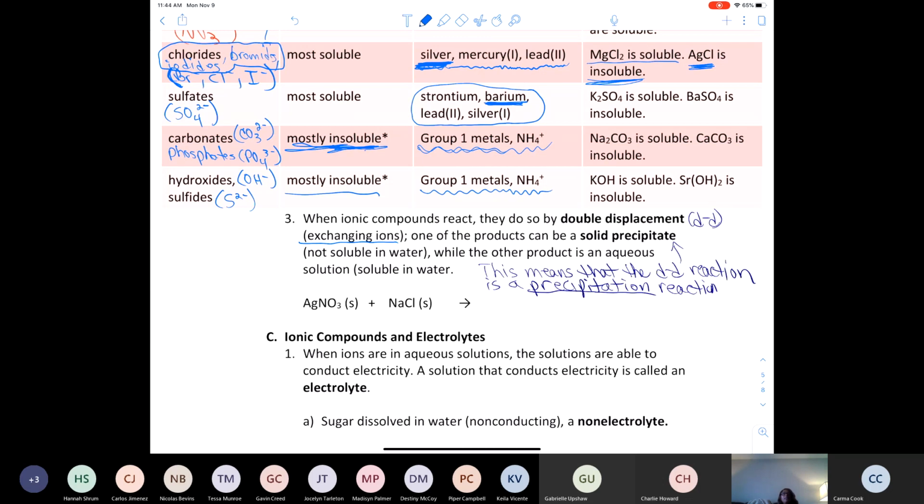Either both of the products will dissolve in water and therefore form what we call aqueous solutions, or only one of the products will dissolve in water and the other product is insoluble and therefore forms a solid, which we call a precipitate. The solid precipitate product is not soluble in water. The other product will be soluble and therefore will form an aqueous solution.